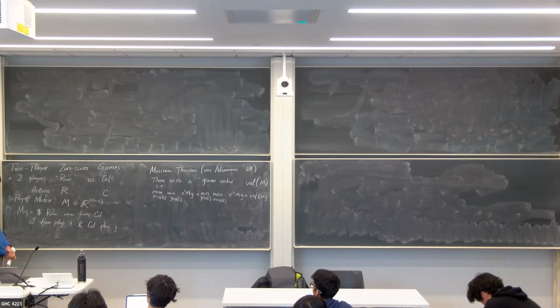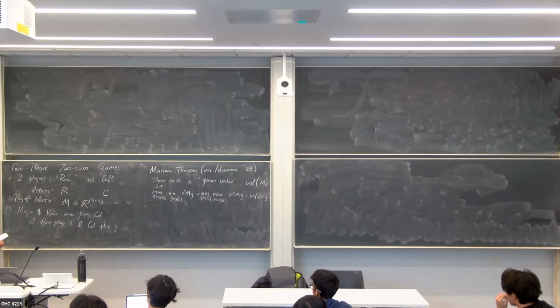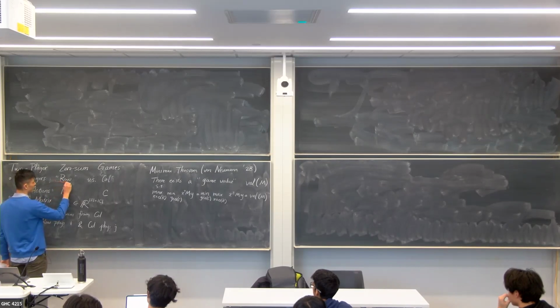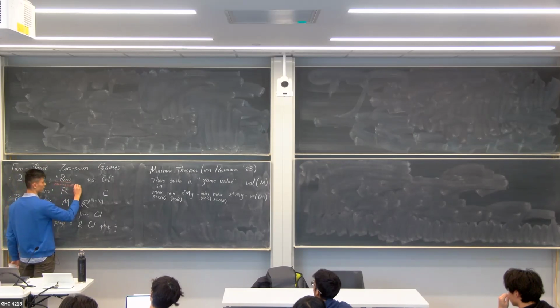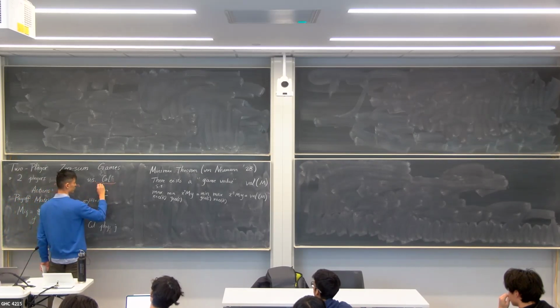If the row player plays strategy I, and the column player plays strategy J, it will incur some amount of money exchange. So the column player will have to pay the row player some amount of money determined by this matrix. Okay? Another easier way to think about this from now on is to think about one player as the maximization player, the other as the minimization player.